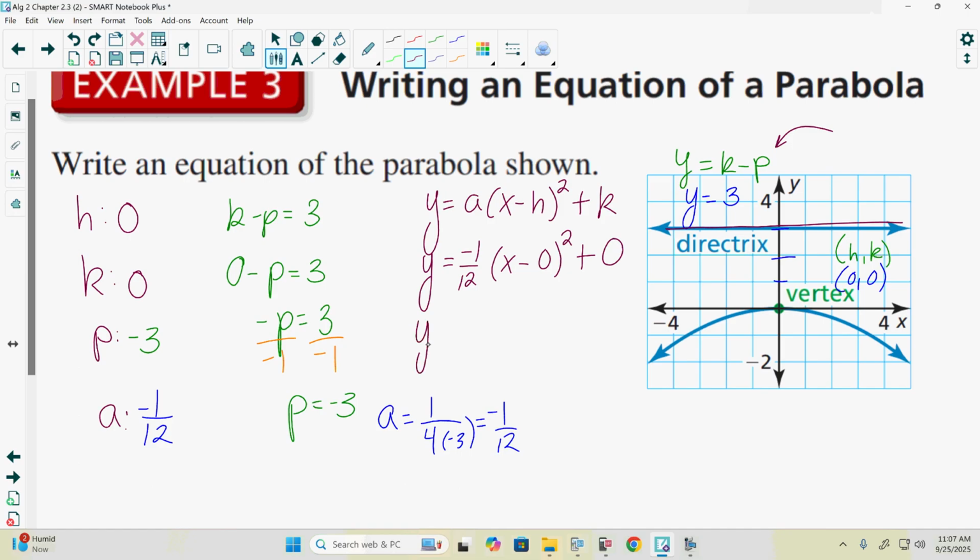So do I really need x minus 0 squared? No. What would x minus 0 squared reduce to? x squared, yes? Do I need the plus 0? So y equals negative 1/12 x squared.